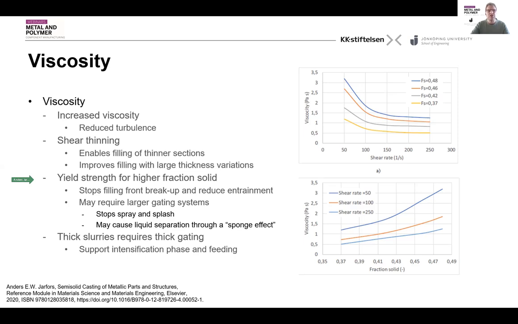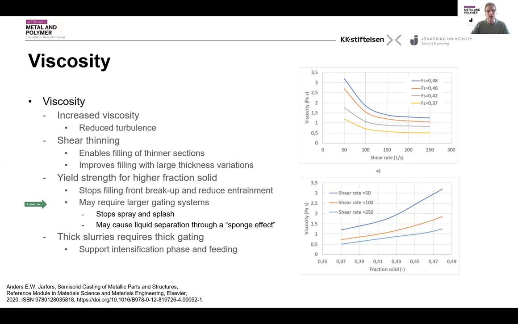So it's not just a viscosity effect, it's also an effect that it enters more like a solid phase than a liquid phase.